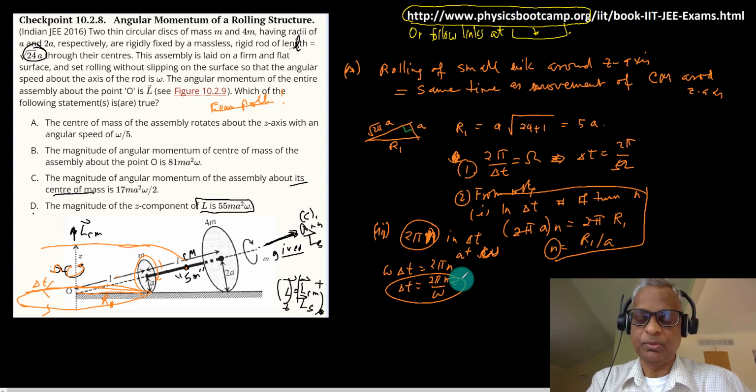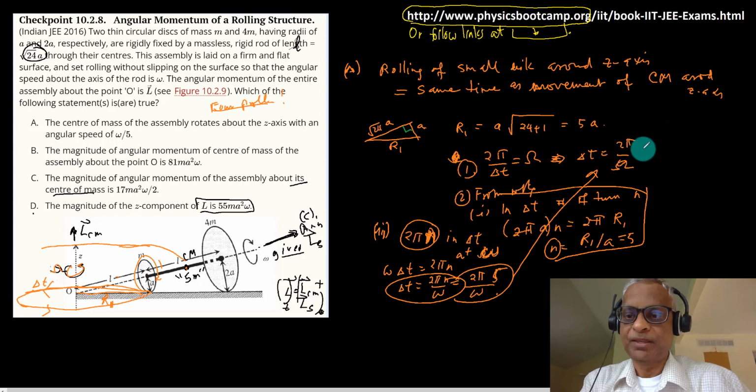So n can be right over here, 2 pi, and r1 over a is actually 5 turns. So I'm going to make 5 turns over omega, so delta t. So I just put it over here. So I'm going to get 2 pi times 5 over omega is 2 pi over big omega, and you can see that everything cancels out.